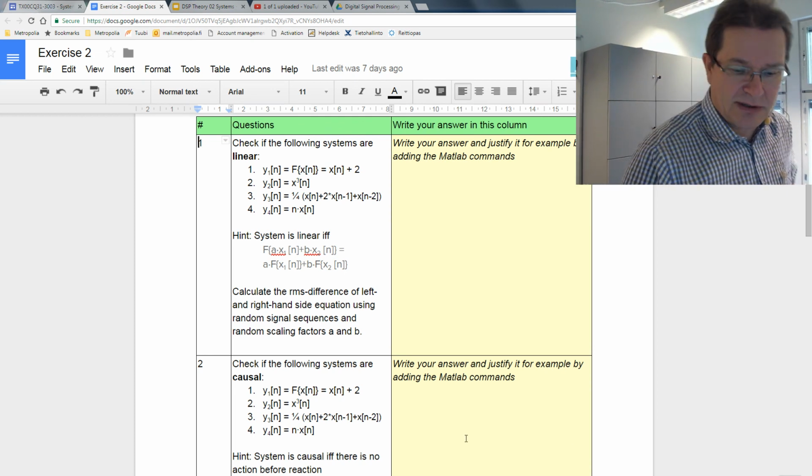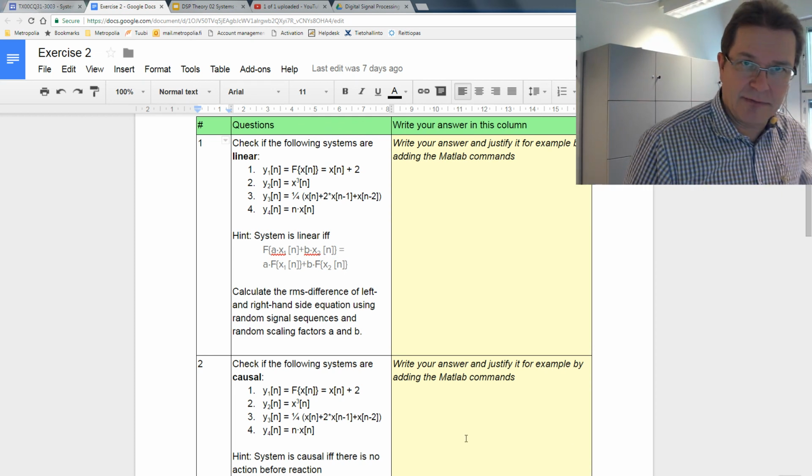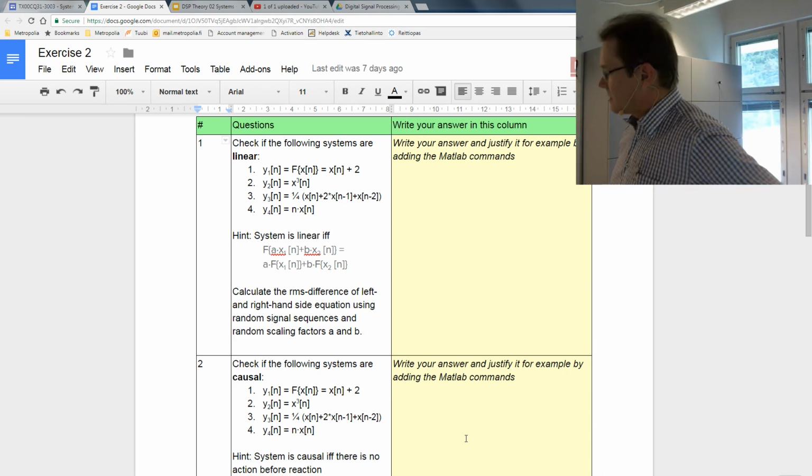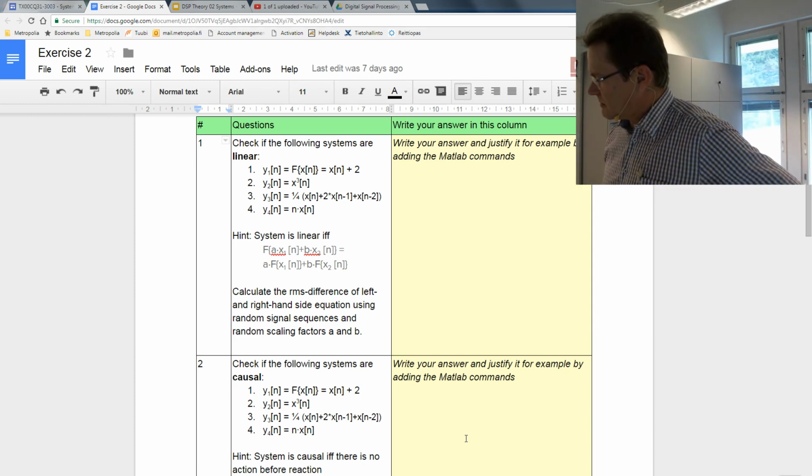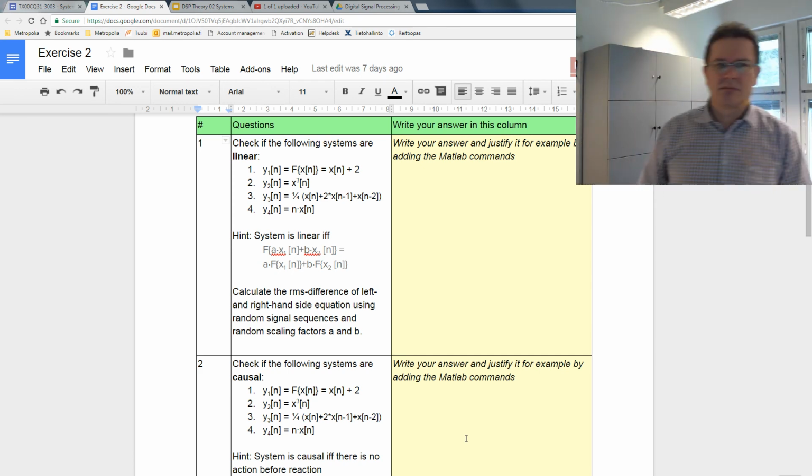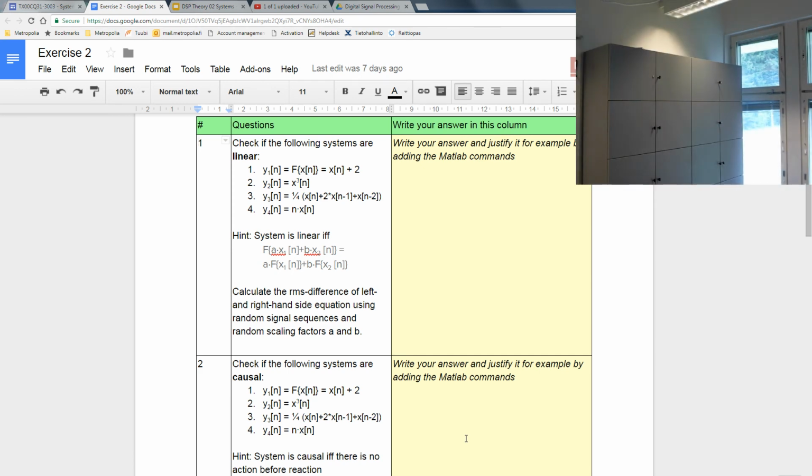The linearity was simply about the time shift. The system is additive and summative, meaning that you can apply the superposition principle.